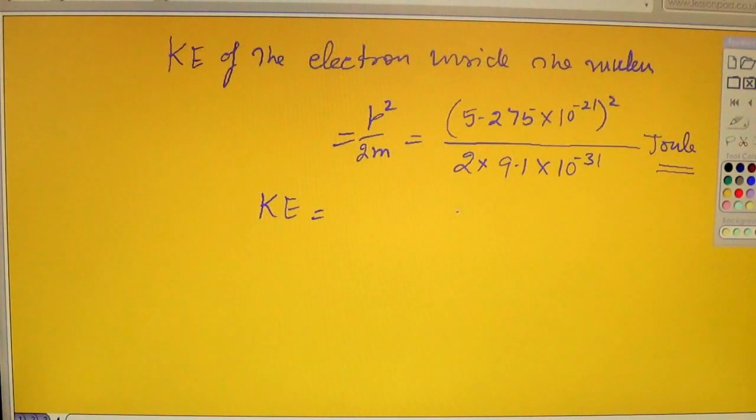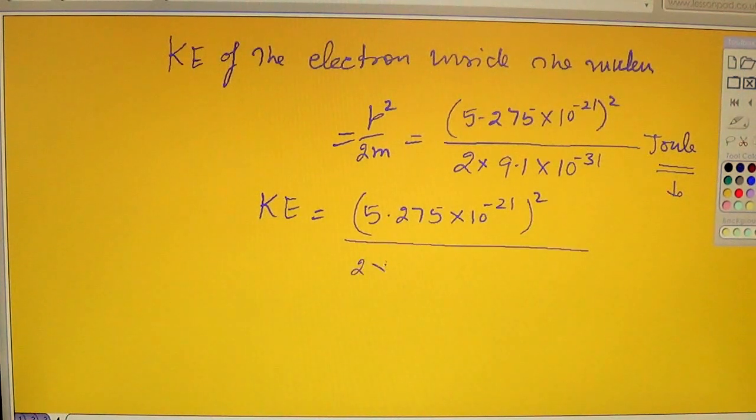Now we convert it into electron volt: 5.275 into 10 raised to minus 21, squared, divided by 2 into 9.1 into 10 raised to minus 31 into 1.6 into 10 raised to minus 19.